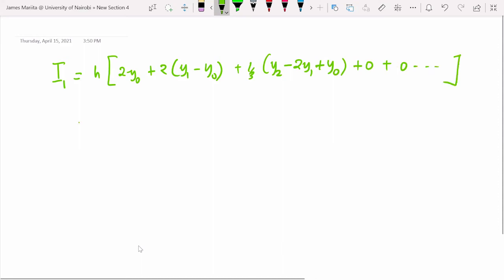Which will then be equal to h over 3 times (y0 plus 4y1 plus y2).